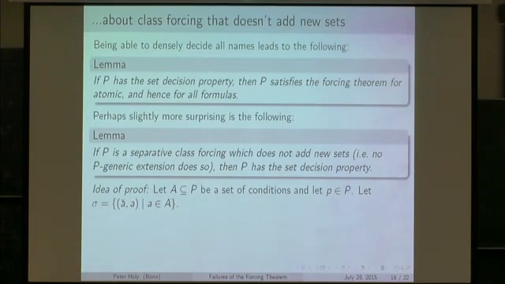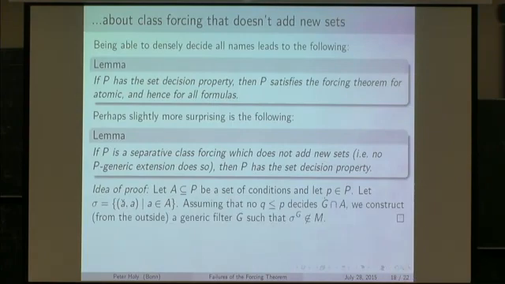The idea of the proof is that you start with a set big A and a condition P in your forcing, and look at the name sigma, which is just the name for the intersection of the generic filter with your set A. And assuming that no strengthening of P decides the intersection of the generic filter with the set A, we can from the outside construct the generic filter such that the evaluation of sigma with the generic filter is not in the ground model.